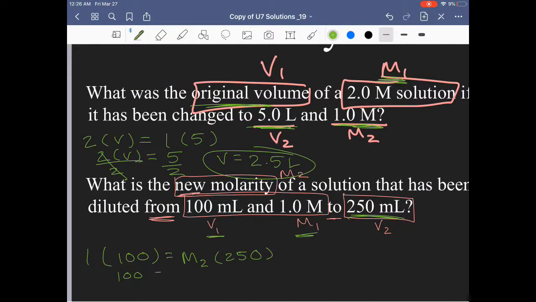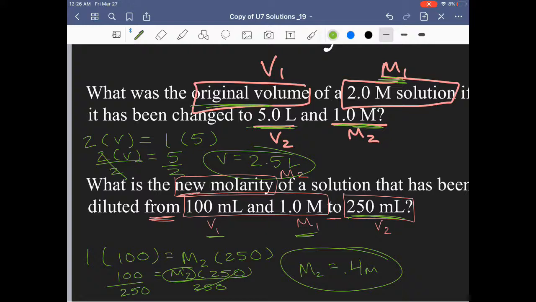So 100 equals M2 times 250. How do I solve for M2? I need to divide by that 250 on both sides. 100 divided by 250 is going to give me my M2. So over here to the side, M2 equals 100 divided by 250, which is 0.4. All right, so your new molarity once you dilute it out would be 0.4.